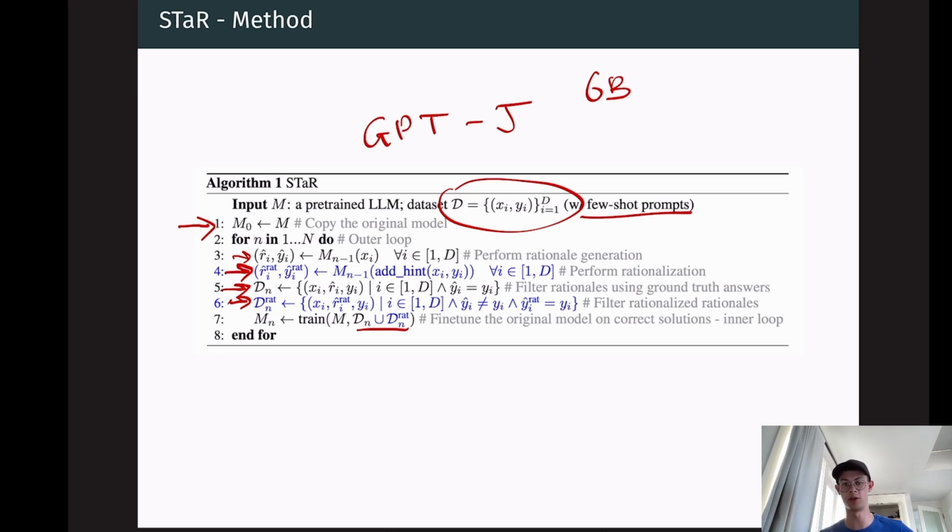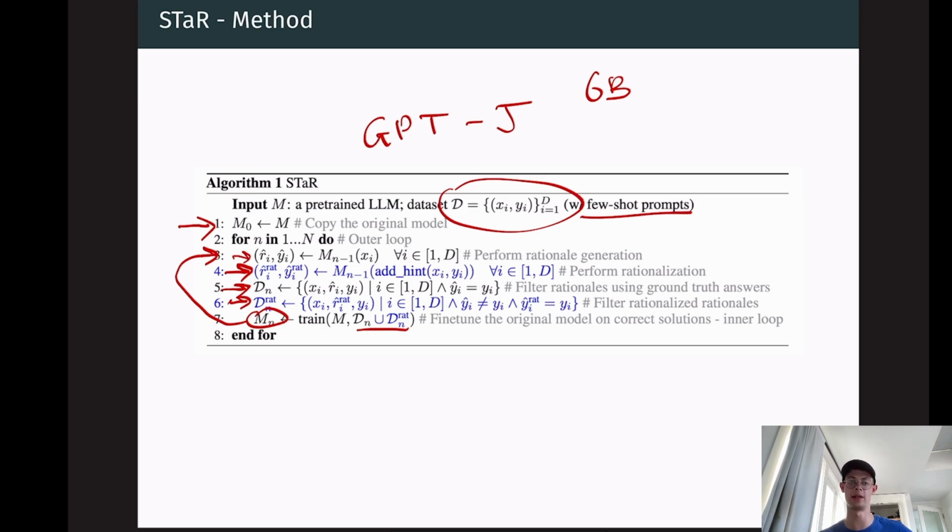Remember, this is fine tuning, just standard next token prediction with teacher forcing to generate a new model M_N in this case. So after we've done this, we can use this new model again to, in the next iteration, generate rationales.